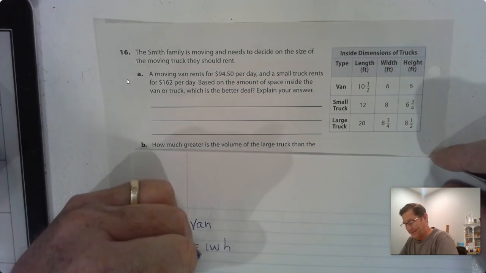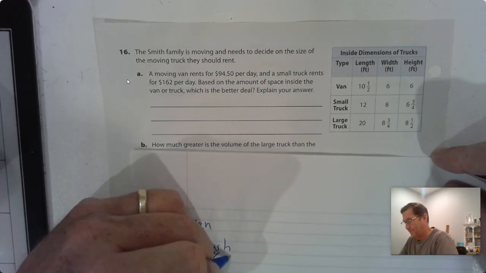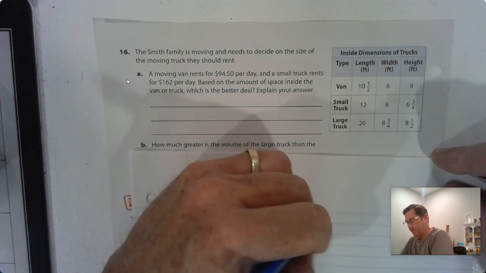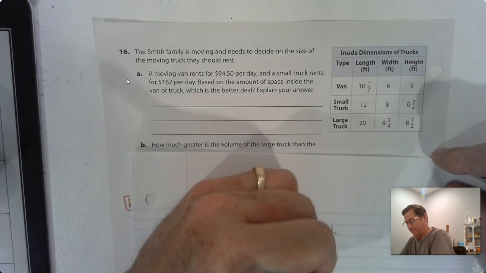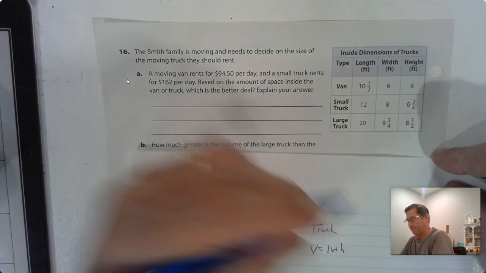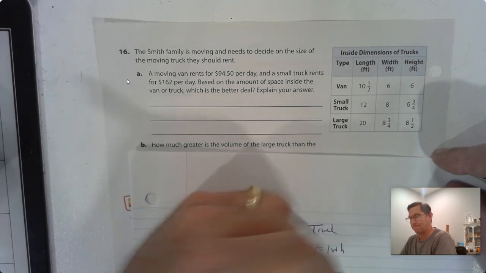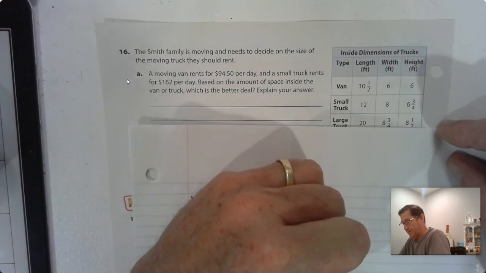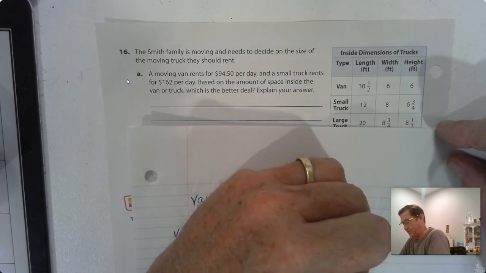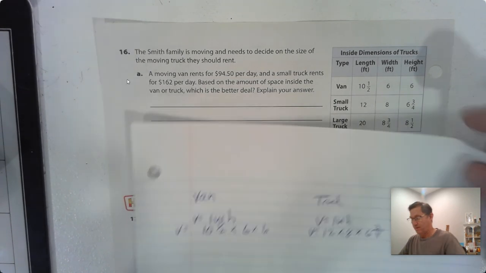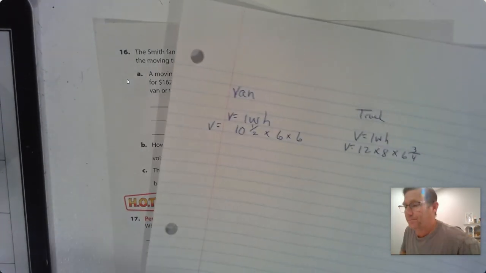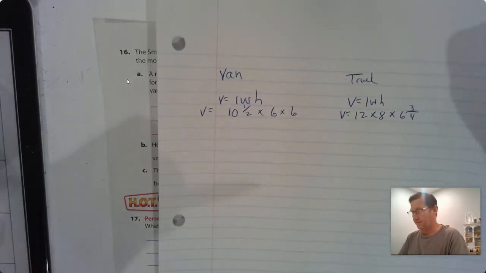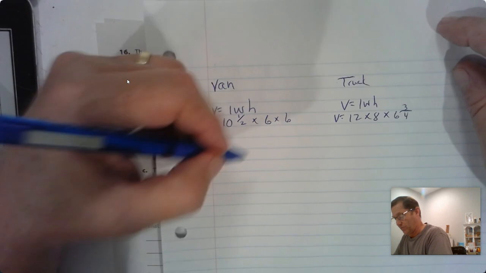The van is 10.5 times 6 times 6. The small truck was 12 times 8 times 6 3/4. And so what we're going to do right now is just figure out the volume of these two vehicles.